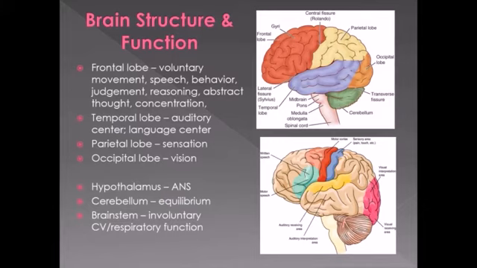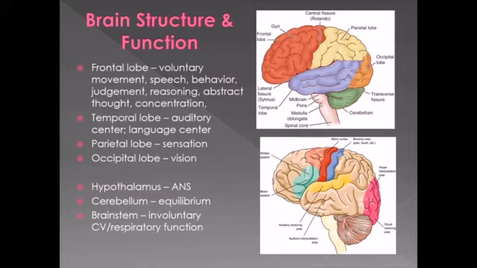Okay. The temporal lobe contains the auditory center and the language center. So if you have somebody whose temporal lobe has been affected, they're going to have issues with auditory perception and communication. The parietal lobe controls sensation, and the occipital lobe is responsible for vision. So just kind of keep in mind those basic things.